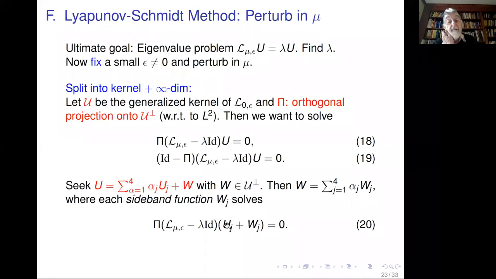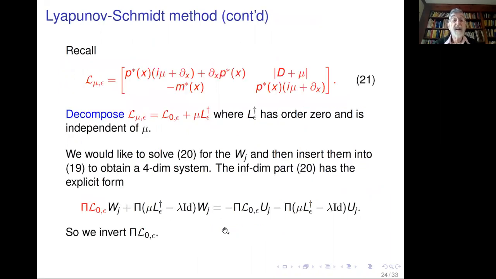Sorry, this should be J here. J goes from 1 to 4 here. And so this is the infinite dimensional part. I have to solve it for W in terms of U. So I can solve for W in terms of U. That's what I'm going to do next.